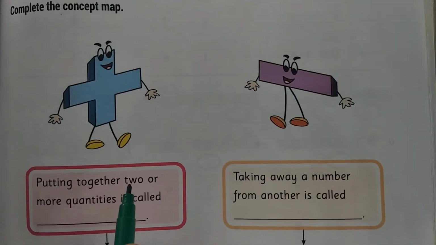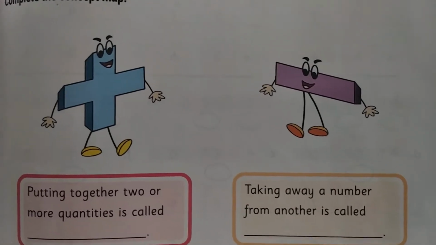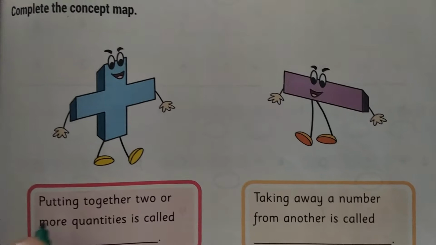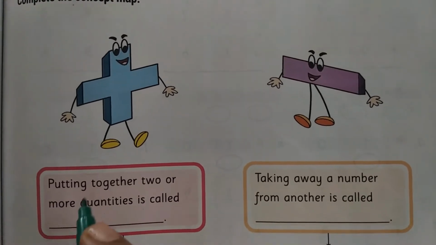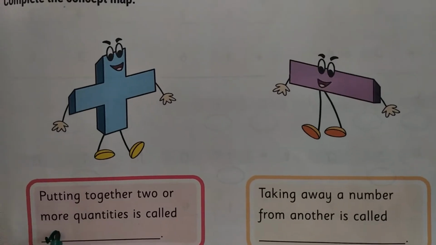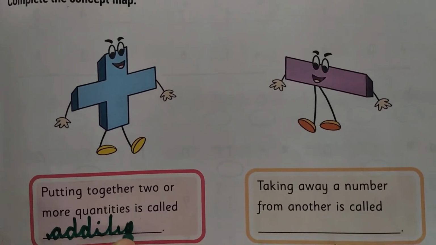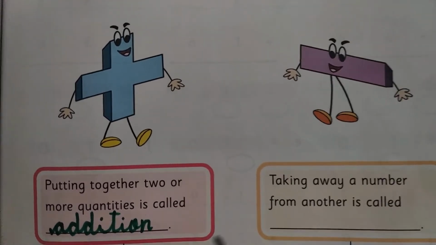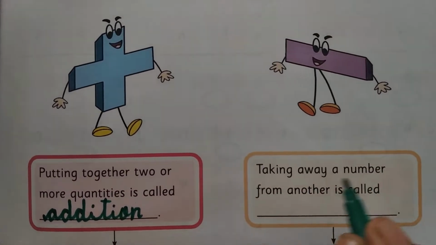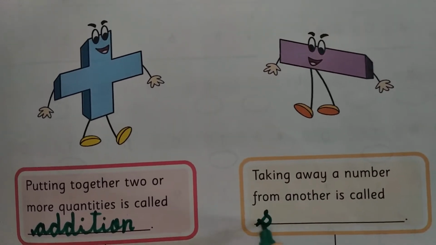Putting together two or more quantities is called what? Yes, very good. Addition. So you have to write addition in this dash. And taking away a number from another is called subtraction. Yes.